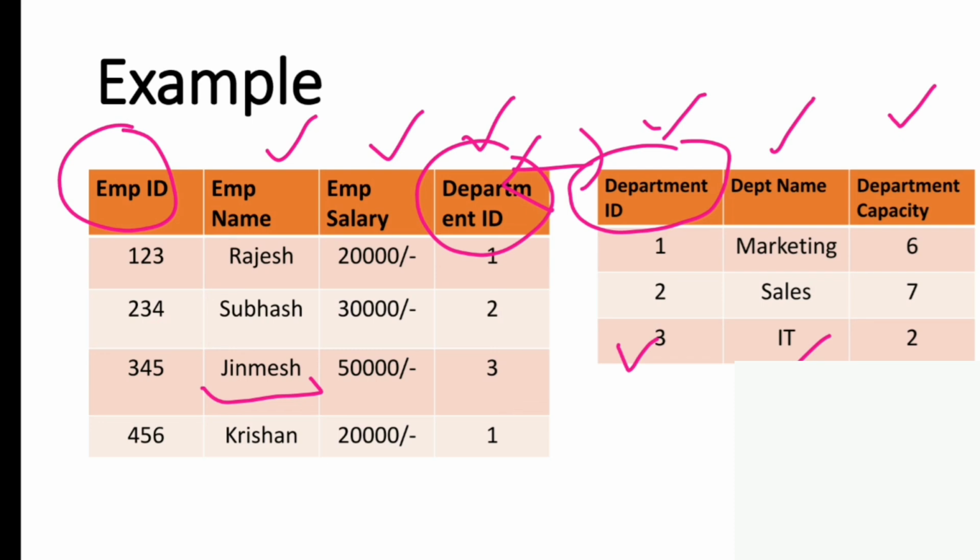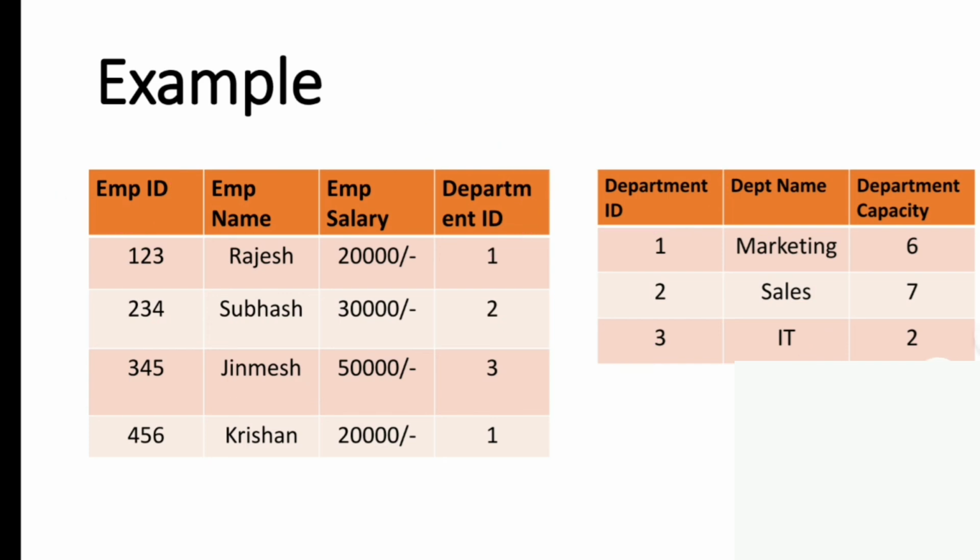And you can also use foreign keys to find different useful information. Let's say you want to find the amount of salary that is given to, let's say, the marketing department currently, and the total expenditure of the marketing department. So what do you do? You go and check the marketing department ID, which is 1. Now you take that ID and go to the employee table, and you search for all the employees whose department ID is 1.